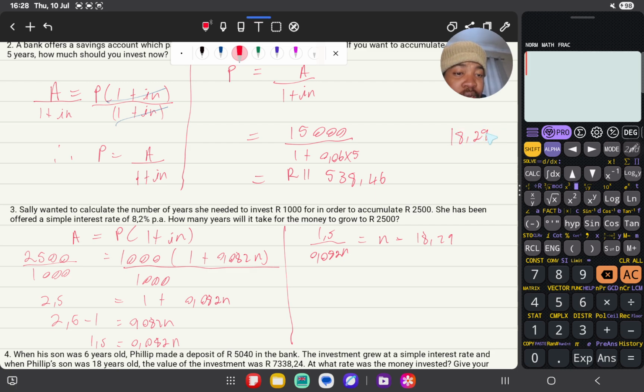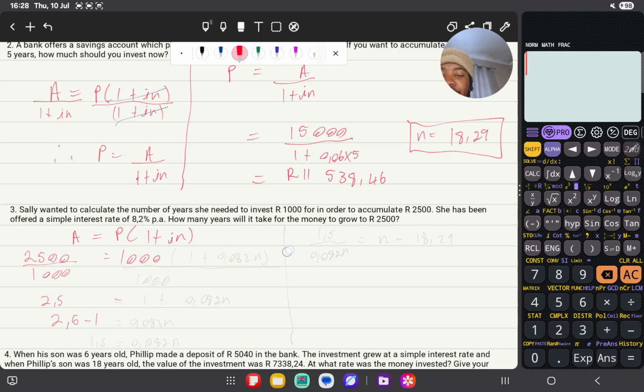I want to solve this problem again, doing it the way I would prefer to do it. So I would make n the subject of the formula first, right? By doing that, I have A divided by P equals 1 plus in.